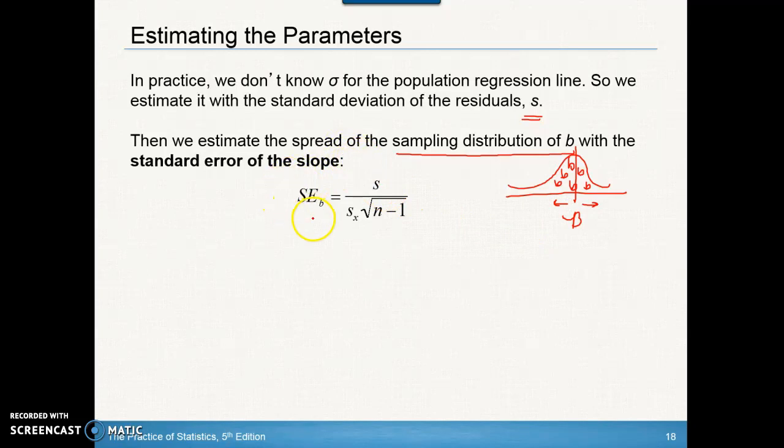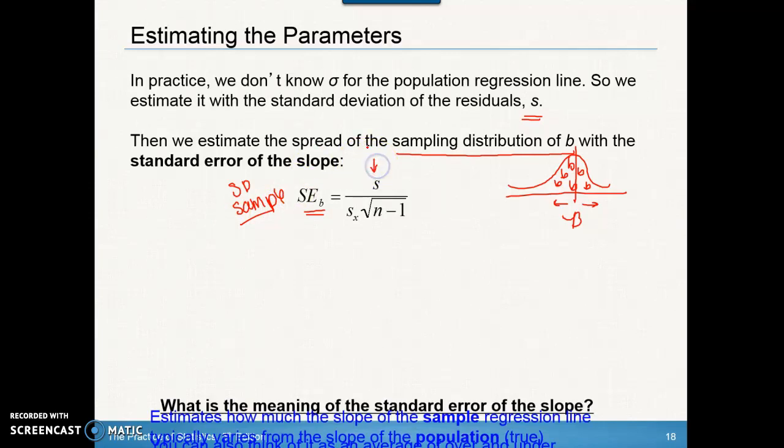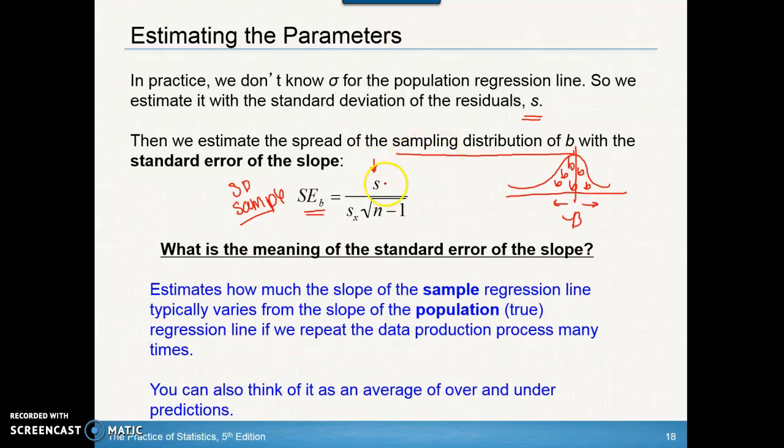Remember, it's called the standard error of the slope because it's the standard deviation of the sample, the same thing that we've talked about in our previous units. This s right here is the standard deviation of your residuals, this is your standard deviation of your x values, and this is your sample size minus 1.